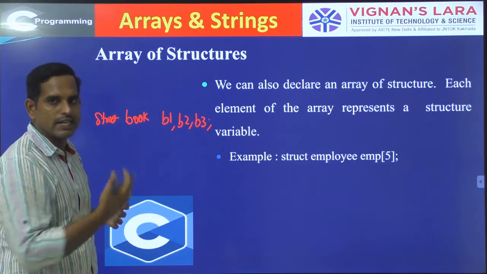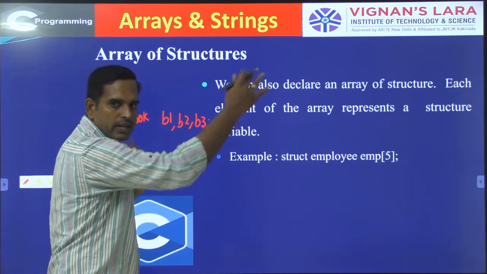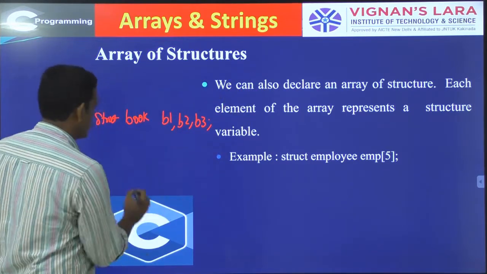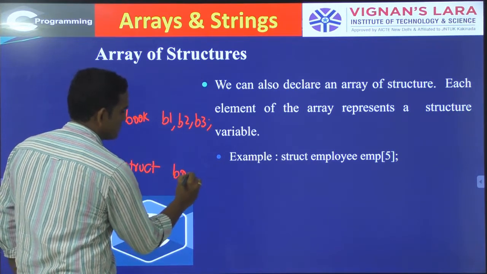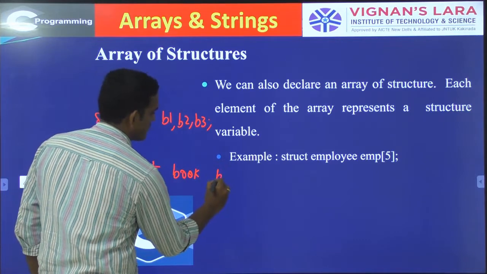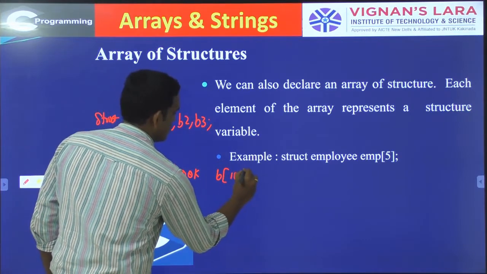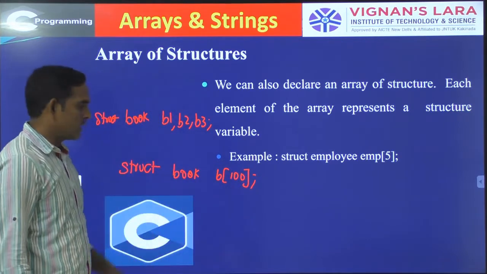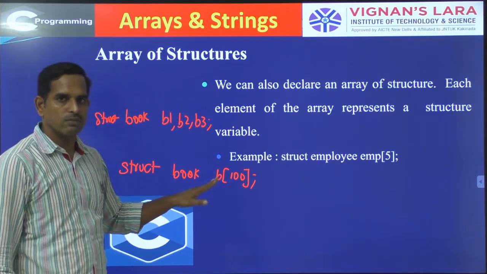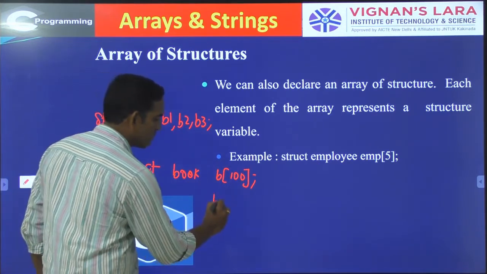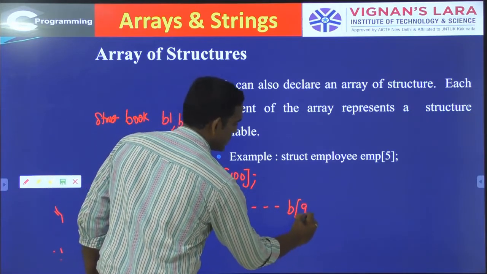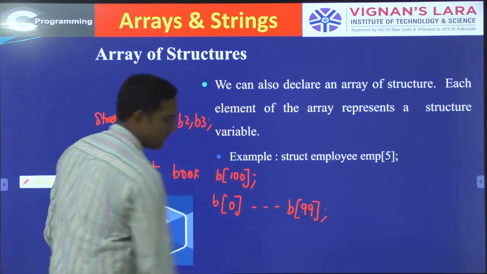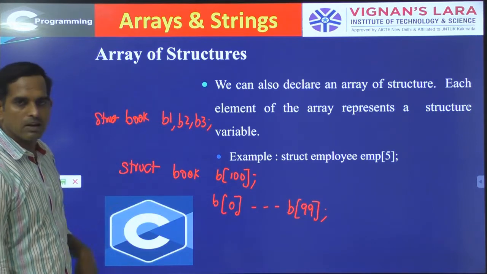If I want to create 100 variables, I cannot write b1 to b100. So to avoid that, we are using array of structures, where you can specify book b[100], where I am creating 100 structure variables. The 100 structure variables will be from b0 to b99.